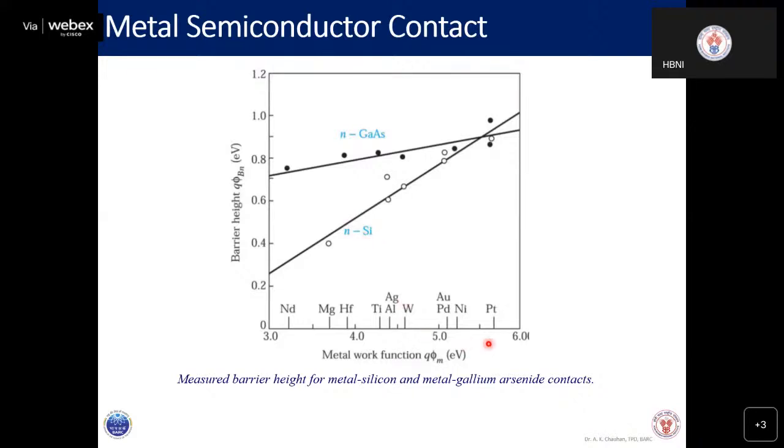In that case, a material like magnesium will see about 0.4 electron volt. Aluminium will see about 0.65 electron volt. So this is the barrier height, means you require at least this much voltage so that current can start flowing. Before you apply this voltage, there will not be any current inside this junction.